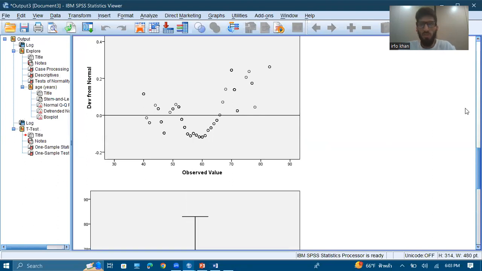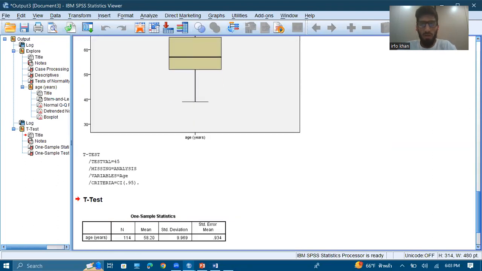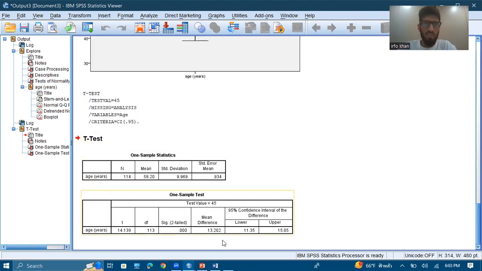Now SPSS will give you the t-test tables. This first one is just the normal statistics, showing the sample size. We have to check whether there is any missing value; it would be shown here, and there is no missing value. Now come to the main test, the one sample t-test table. Here you come to the statistic and you will see the p-value.